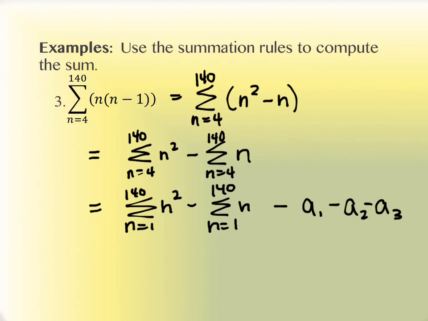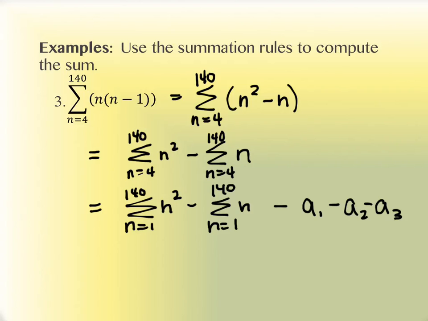Does everybody make sense of that? Because when I find these two summations right here, it's going to include A1, A2, and A3, and they shouldn't be included. They're not in the sum that I'm working with. So I'm going to calculate them, and then I'm just going to remove those values from what I'm working with.